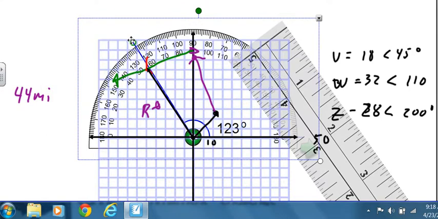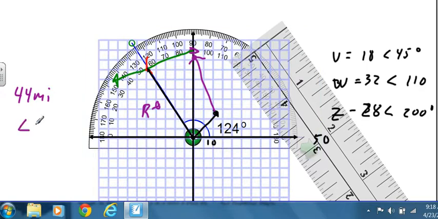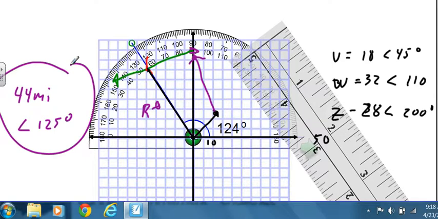And we're going to measure the angle as 125. Angle 125 degrees. And that'd be our final answer. And again, if I'm doing this without a protractor and without a ruler, I'm not going to get very accurate results, right? All right, moving on to 12.